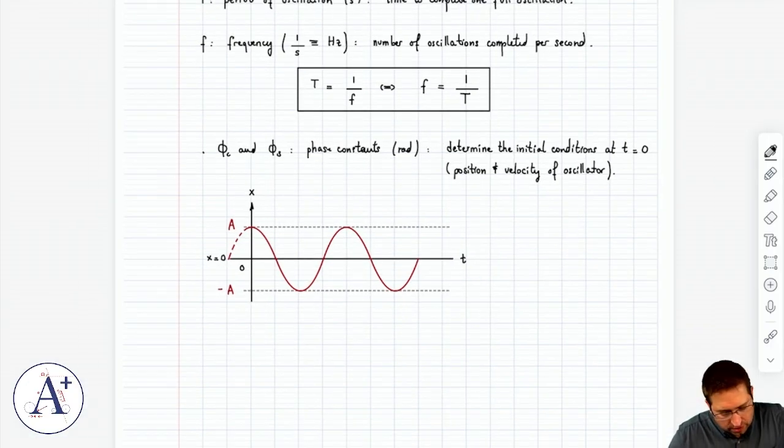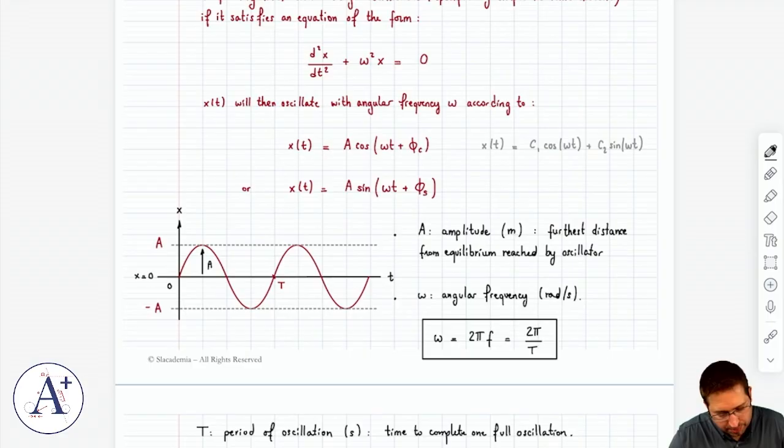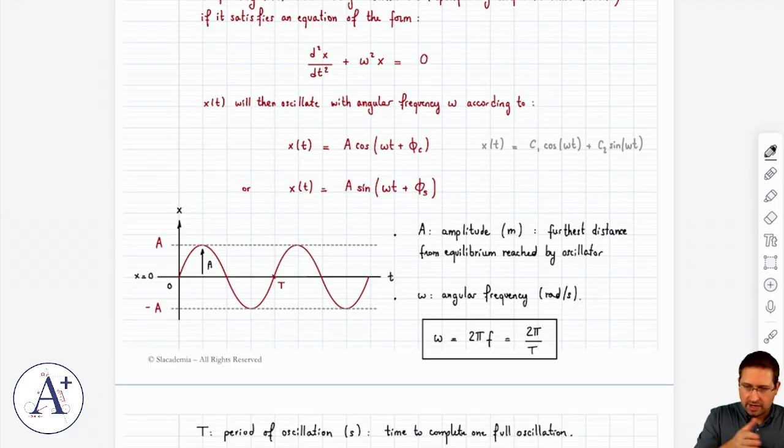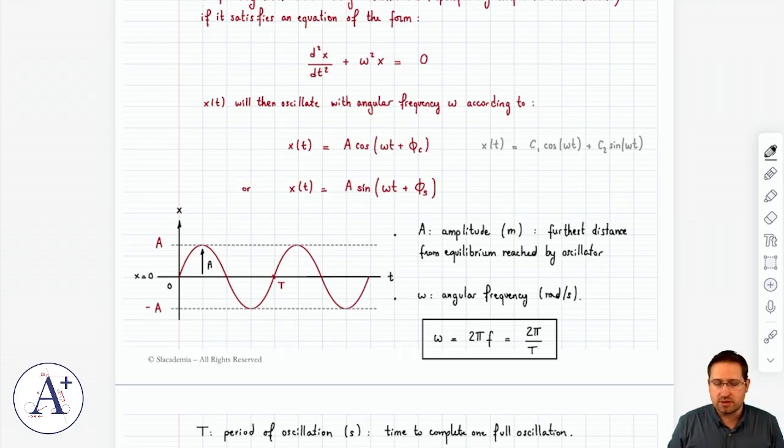Okay, so the goal was to explain this and hopefully understand why, in fact, it does indeed represent oscillatory motion. It is going to describe back and forth motion along x or along y, or maybe it's an angle theta that's oscillating, but this type of mathematical equation describes back and forth motion about an equilibrium position.